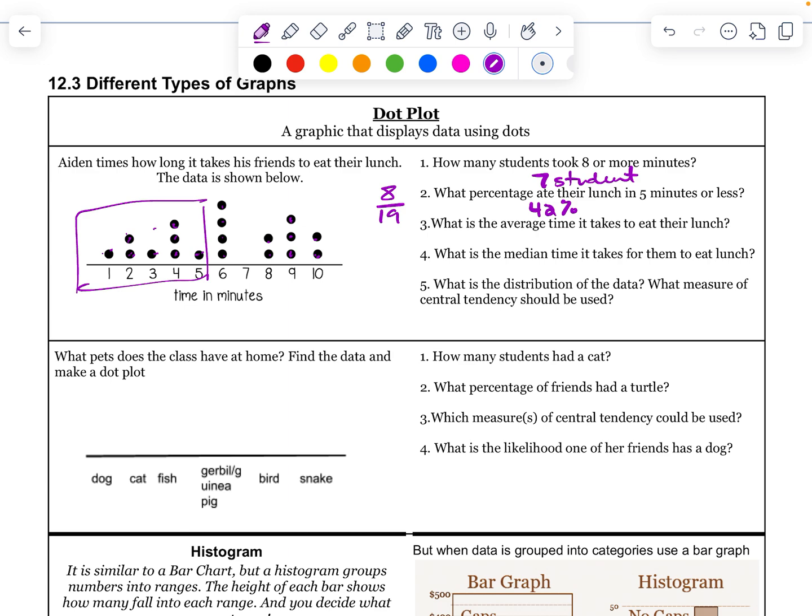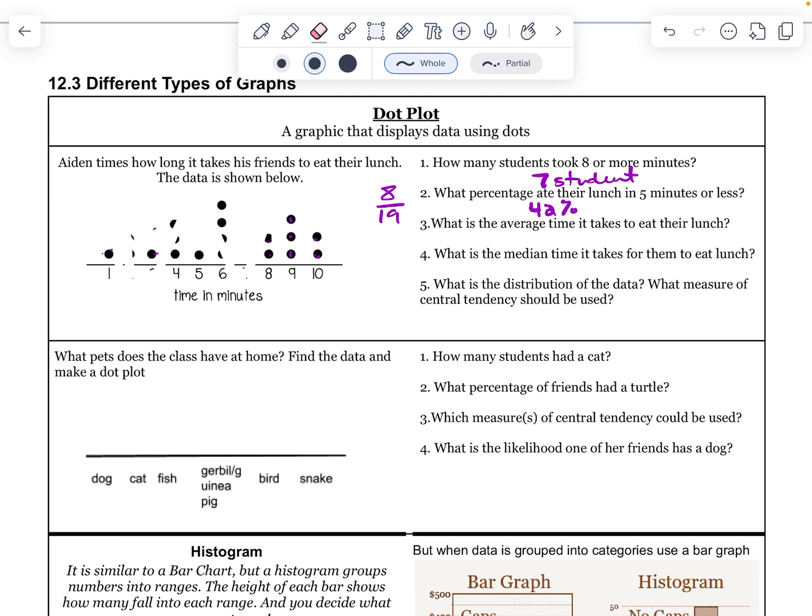What is the average time it takes to eat lunch? All right, so we're going to have to add all these up and divide by the number that we have. So we're going to divide by 19. But to do that, we need to add up 1 plus 2 plus 2 plus 3 plus 4 plus 4 plus 4. You see what I got going here? So 1 plus 4 plus 3 plus 12 plus 5 plus 1, 2, 3, 4 sixes is 24.